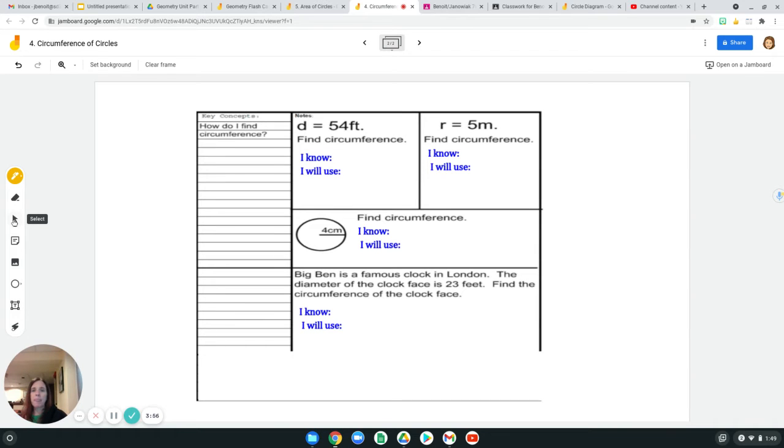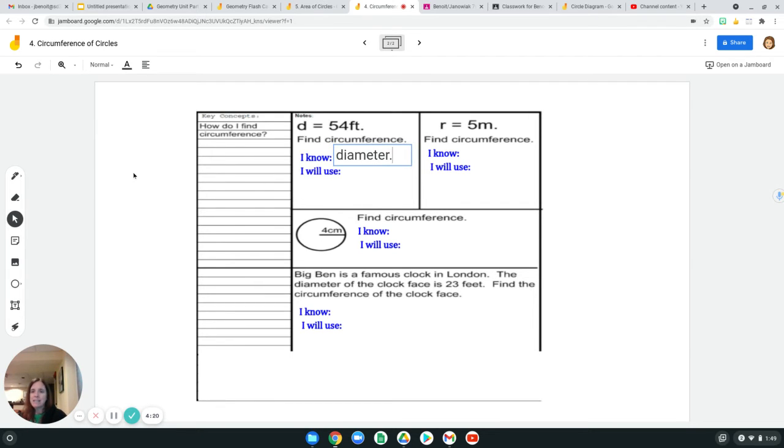All right, my first example. These are kind of level 1 examples because you're told what you're given, and then you just have to decide what formula to use. All right, D equals 54. D clearly stands for the D word, which is diameter. So we would say, I know diameter, okay?